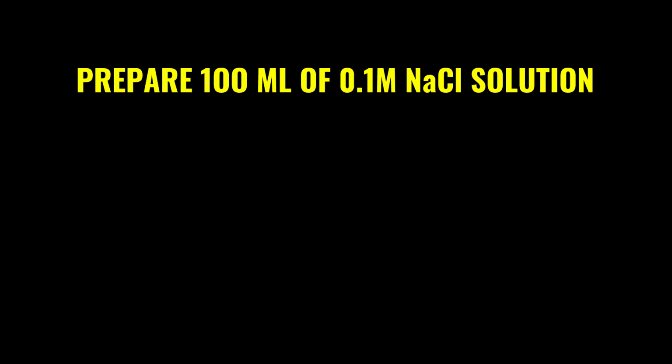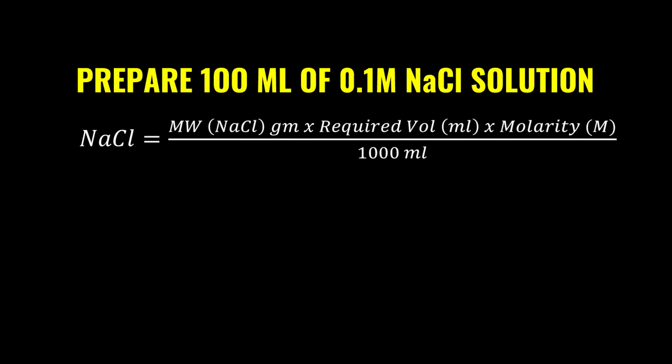So let us prepare 100 ml of 0.1 molar sodium chloride solution. Use the following formula for any substance, including sodium chloride. In this case, sodium chloride weight will be equal to molecular weight in grams times required volume, which is 100 ml in this case, times molarity, which is 0.1 molar here, divided by 1000 ml.